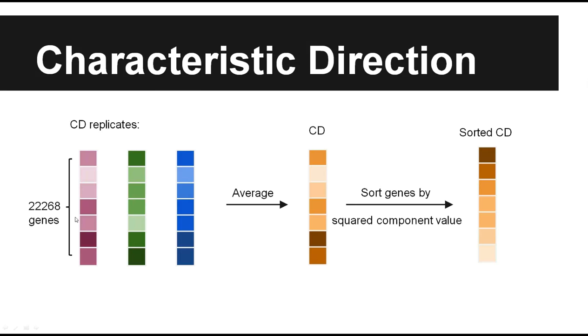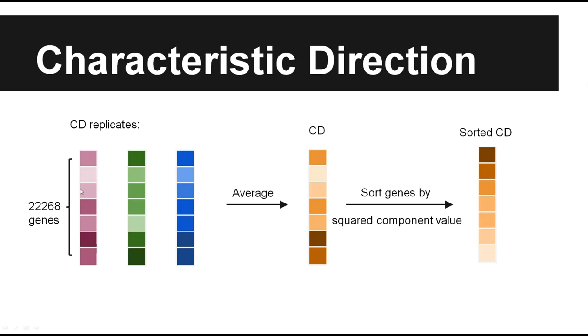This is the CD replicates of the full gene set of one single experiment. These are equivalent to the previous arrows, but here I use columns of squares to place emphasis on genes. So just a different representation of the same concept.